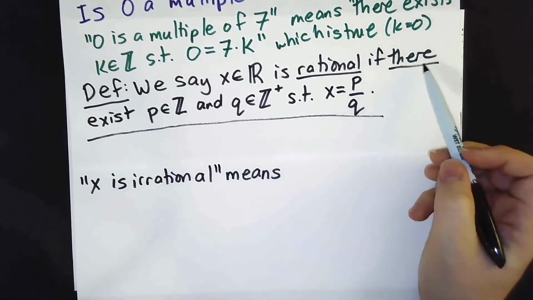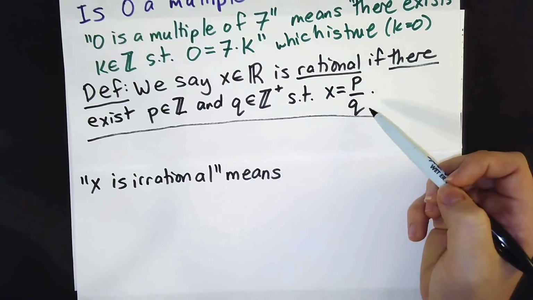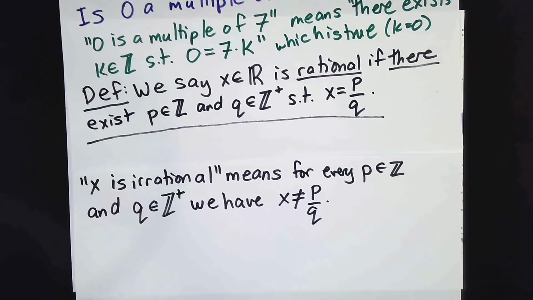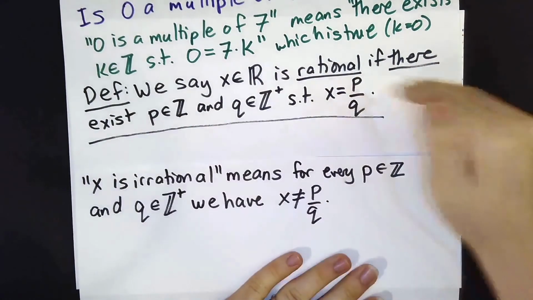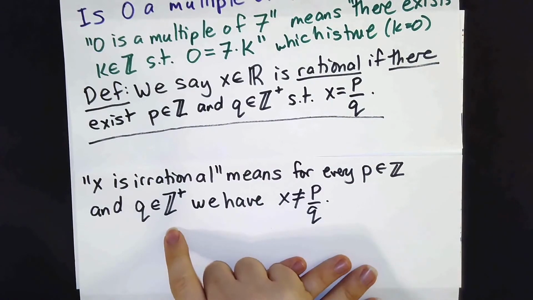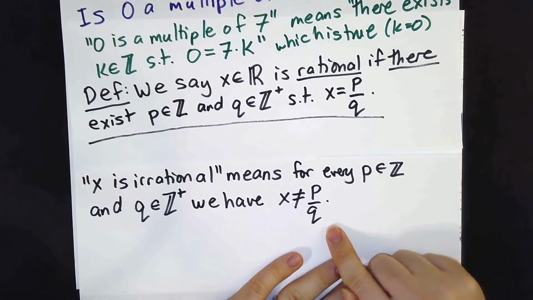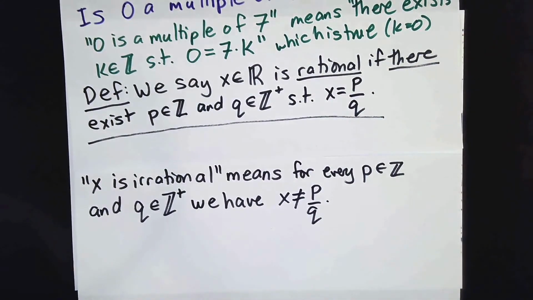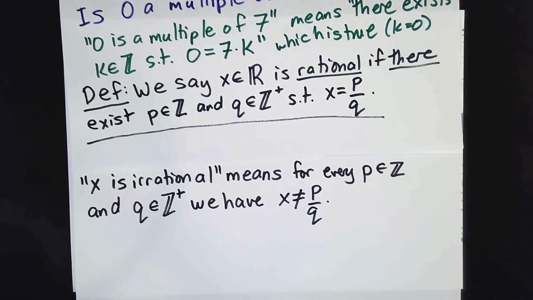What is the negation of this underlined part? So my there exists turns into a for every. So for every p in Z and q in Z plus, we have x is not those. Namely, saying something is irrational is really making a statement about every pair of integers. It's saying for every pair of integers, it's not the ratio of those two integers.